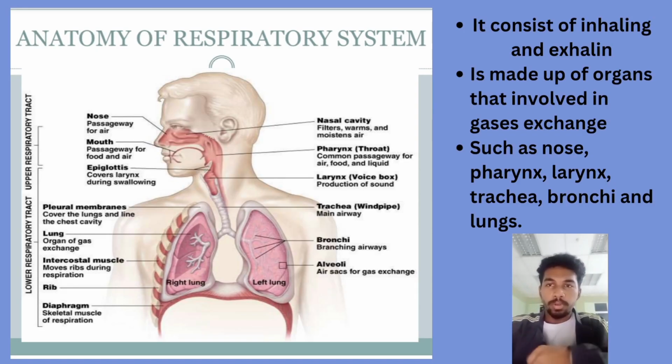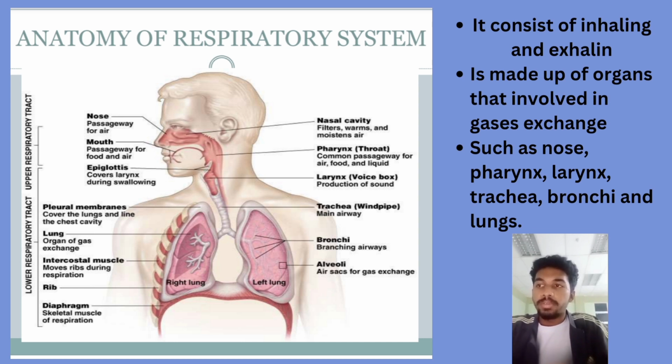So now we will go to the anatomy of the respiratory system. If we look at here, the respiratory system consists of inhaling and exhaling, where inhaling is when you take in oxygen, and exhaling is when you give off carbon dioxide.